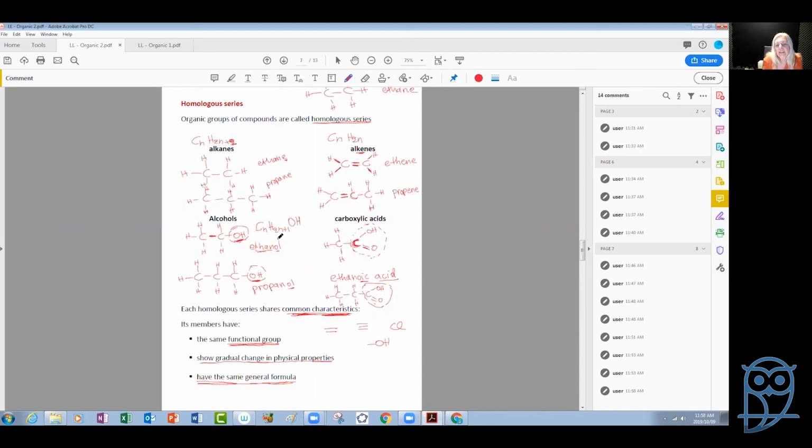So you see, instead, one of the hydrogens has been replaced with a hydroxy group. So this is the general formula for the alcohols.